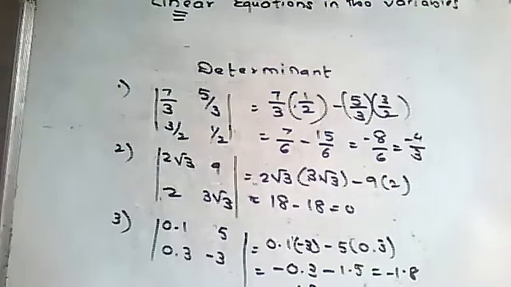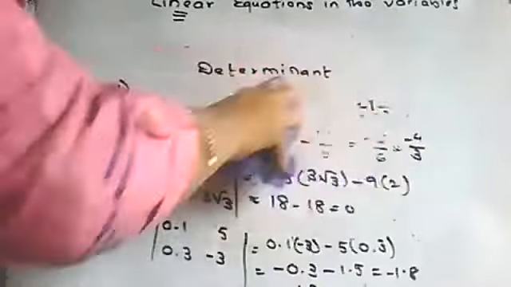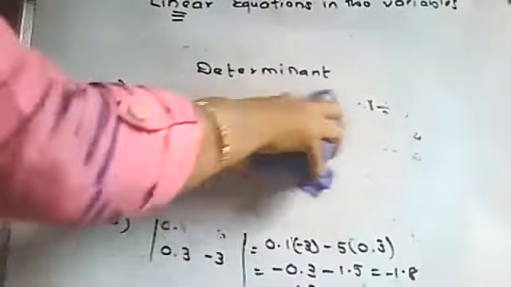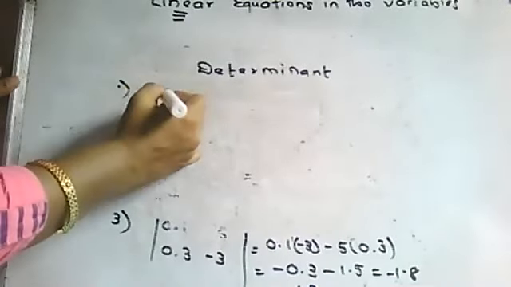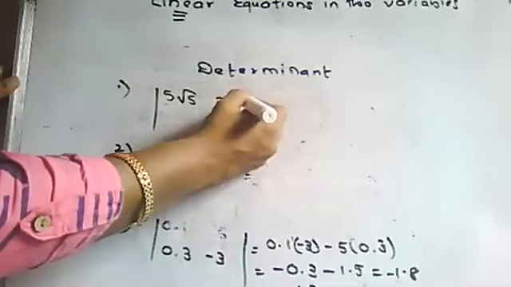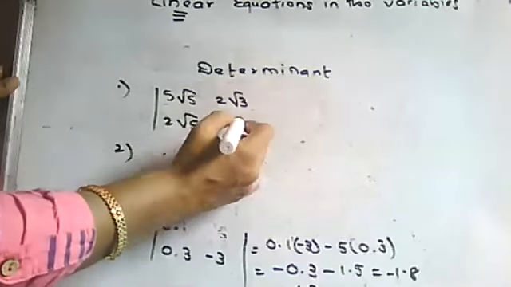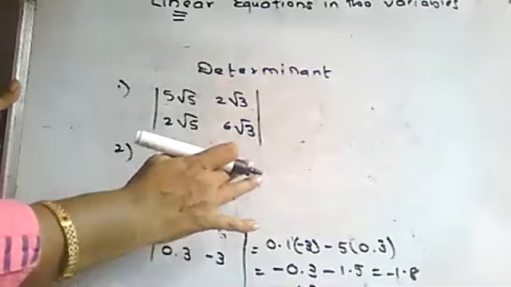I will give you just a last sum for root 3 and decimal. 2 more sums I will give you to solve. Please try to solve this.